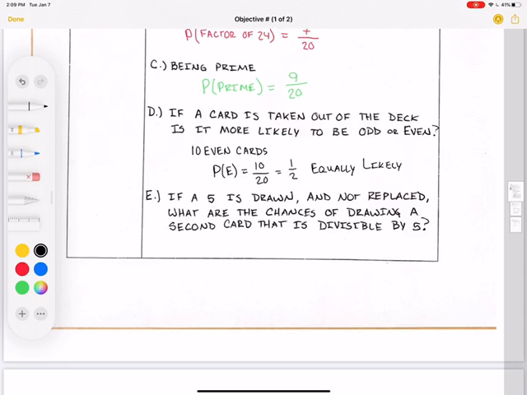If a 5 is drawn out of the numbers of cards and not replaced, what are the chances of drawing a second card that is divisible by 5? So, divisible by 5. I'm just going to go ahead and quickly write out our list one more time just for reference.